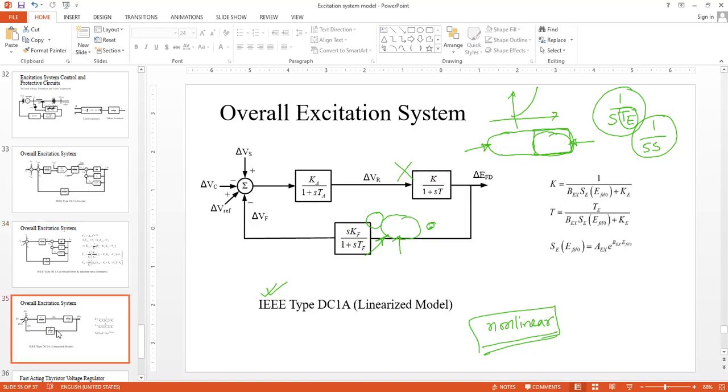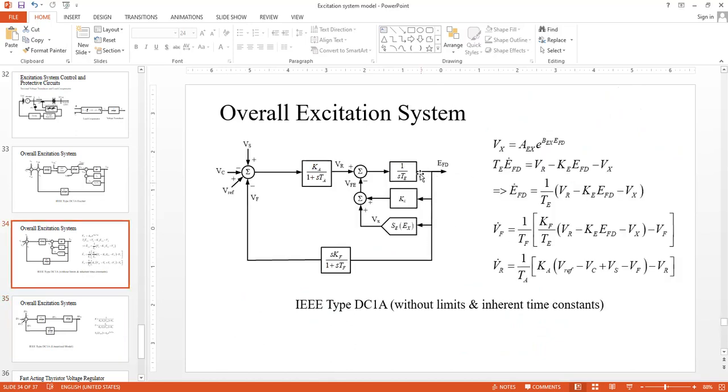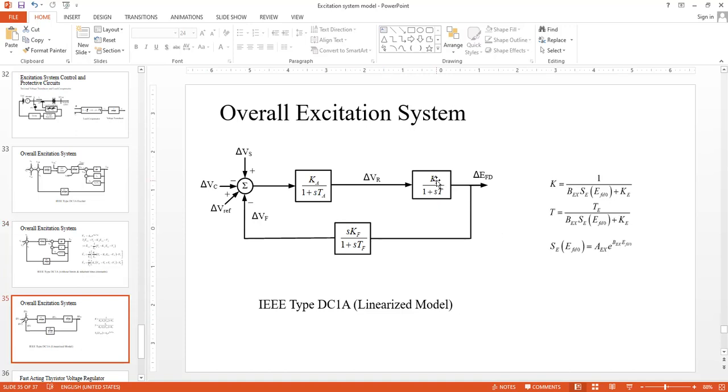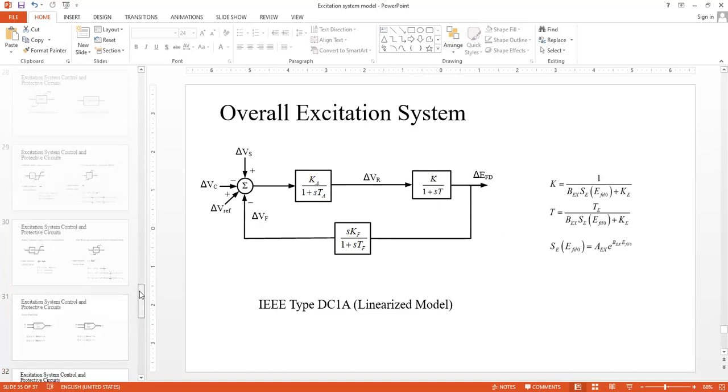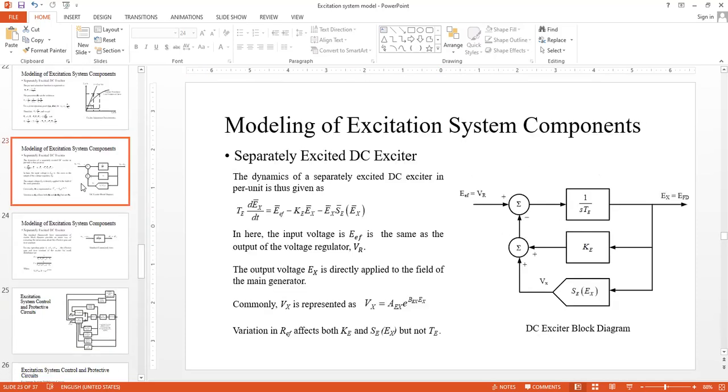Okay. So then what we do, we actually did it earlier. If you can recall, we derived the linearized version of this block, these 3 blocks. We took the linearized version and we got this K over 1 plus ST. Where did we do that? Probably at the starting phase. So if we go to slide number 23, this is the DC exciter block diagram.